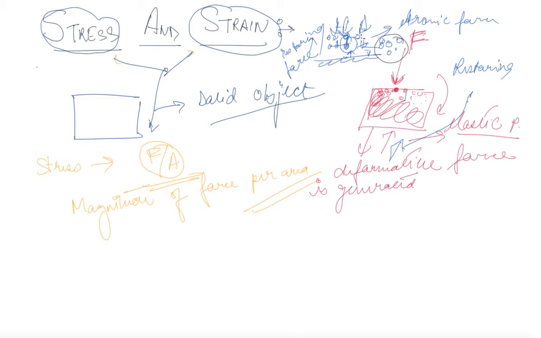That's why sometimes we get a permanent deformation. But if there is no permanent deformation, a restoring force will be applied. The greater the deforming force, the greater the restoring force, until and unless it is permanently deformed. So this is what you can understand as stress.